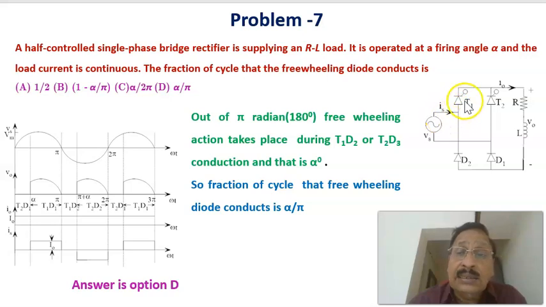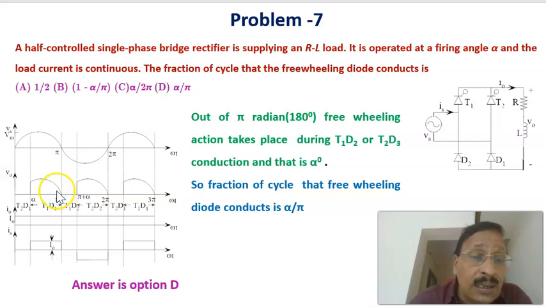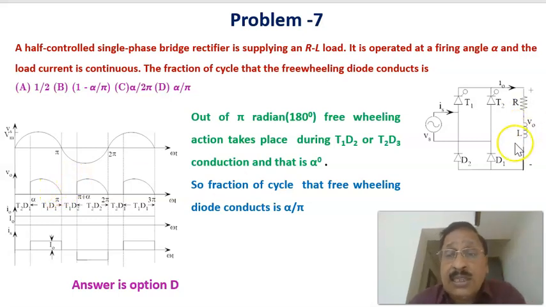In this case, this is the input voltage, and when T1 and D1 are conducting, you will be getting a positive output; the path is like this, so plus here and minus here. Here the diode is getting turned off.